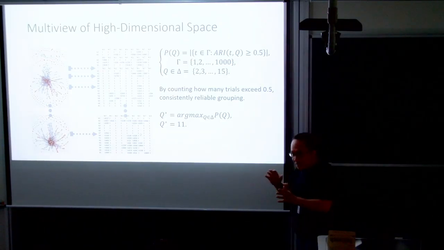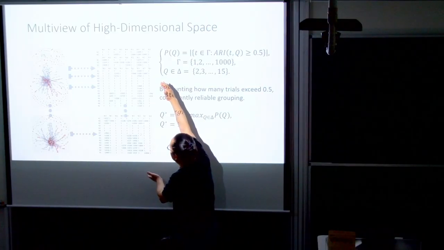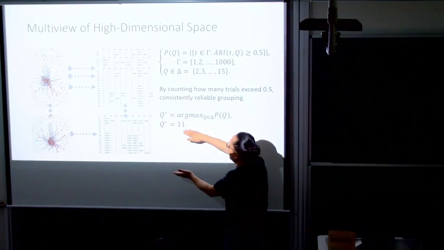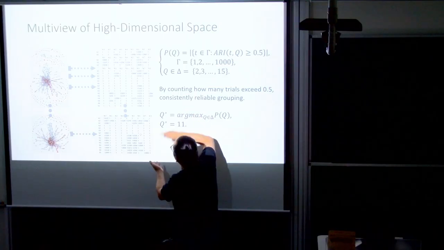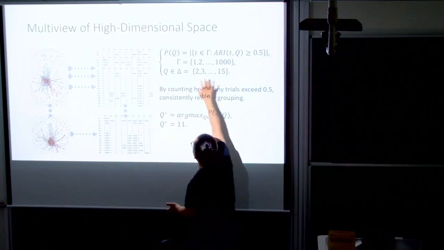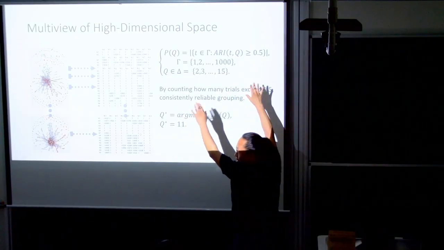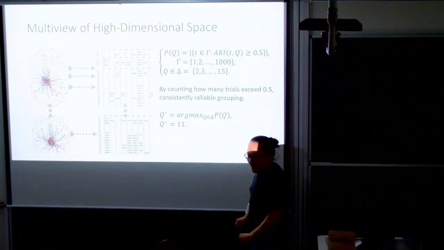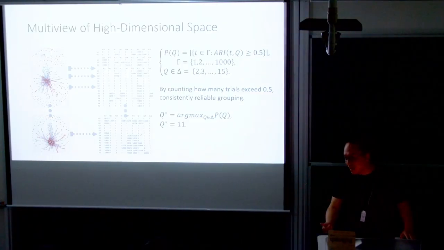So the situation right now: we randomly chose 1,000 matrices, and we found that 11 is a very optimal number of clusters. Then we choose this number and do the clustering on 980 matrices, so you have 980 clustering results. The next thing is very natural: you want to see how many same clusterings are happening in the 980 groups.